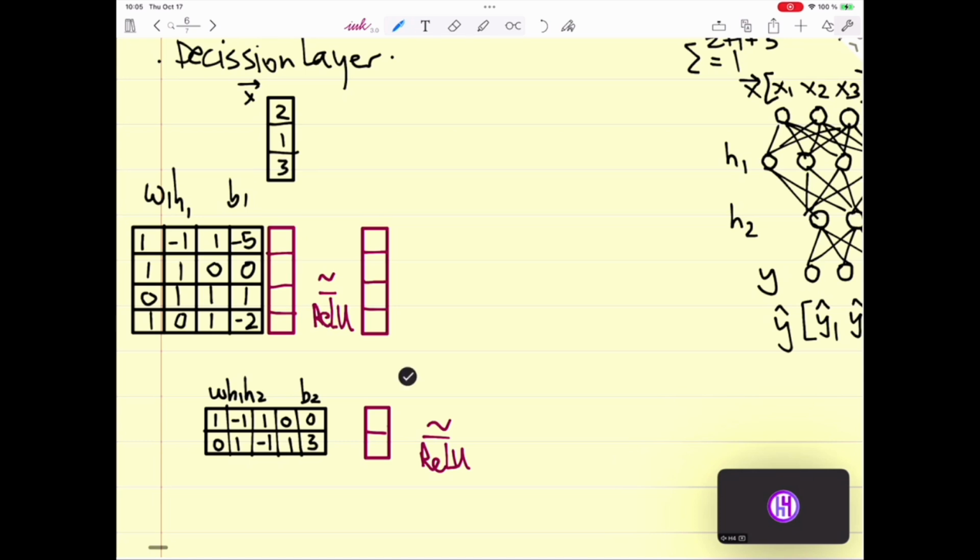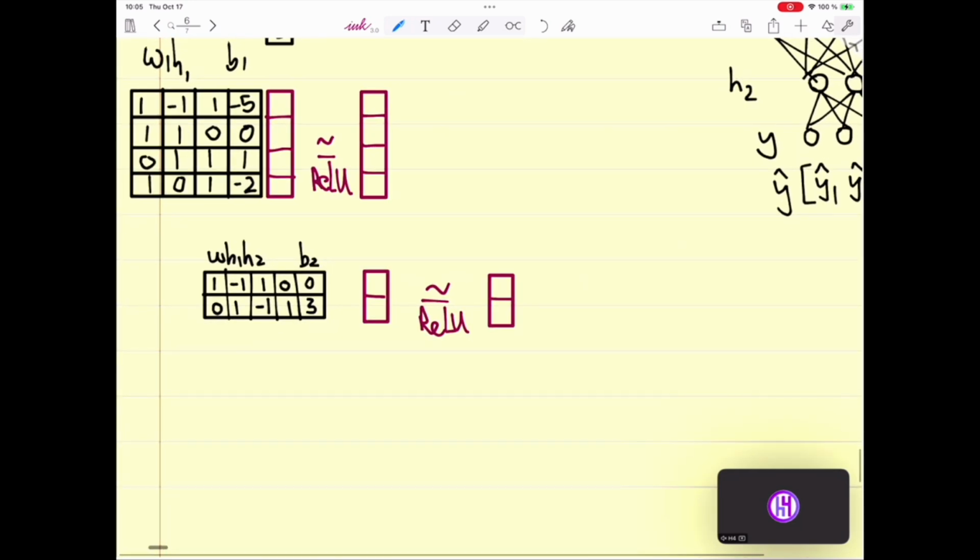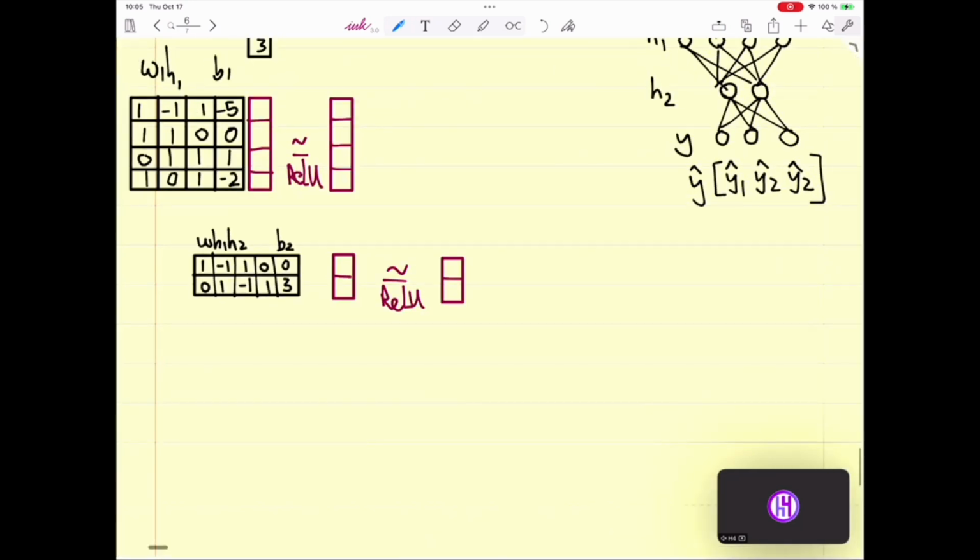That's why I don't prepare it. I do it 100% in front of your eyes, okay? So the output of the second hidden layer is 2, 1, okay?